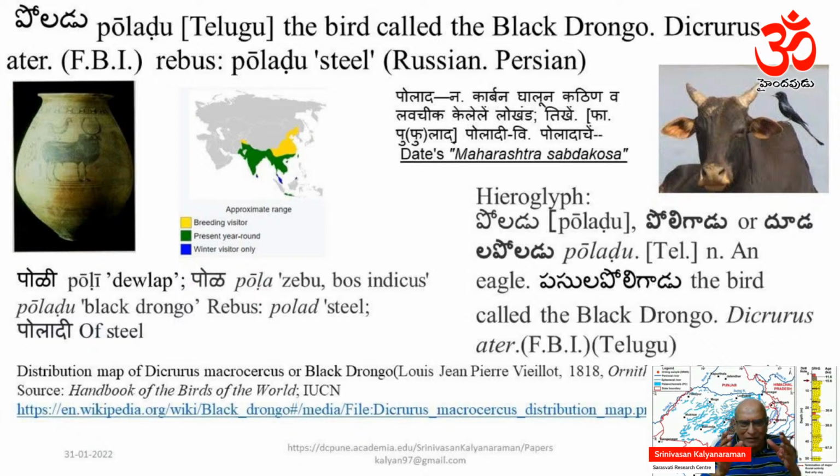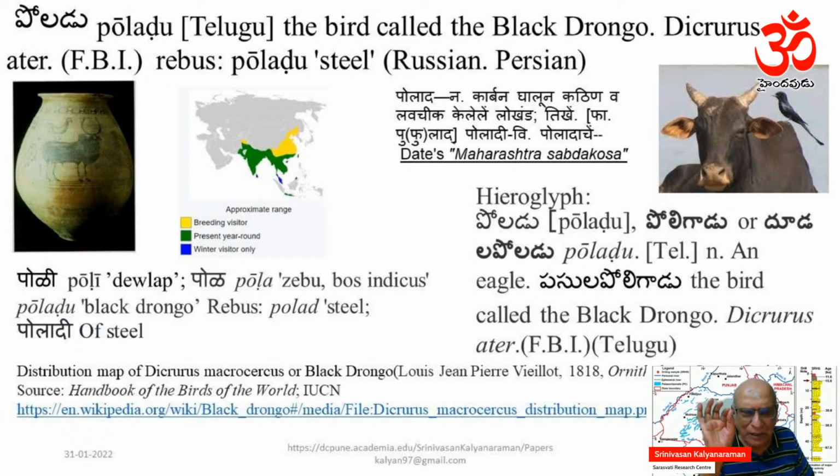You can see the word in Telugu, polladu, poligadu, or duda polladu, Masala poligadu is the meaning. The word called black drongo. In ABA categorization, it's called Dicrurus macrocercus.